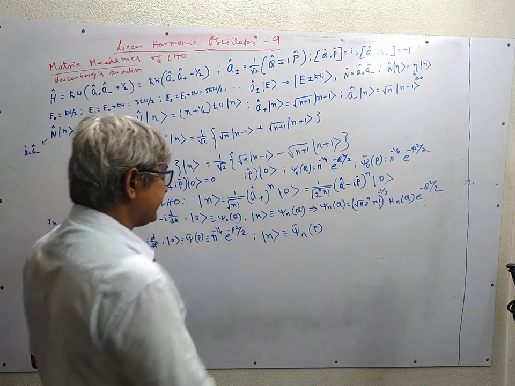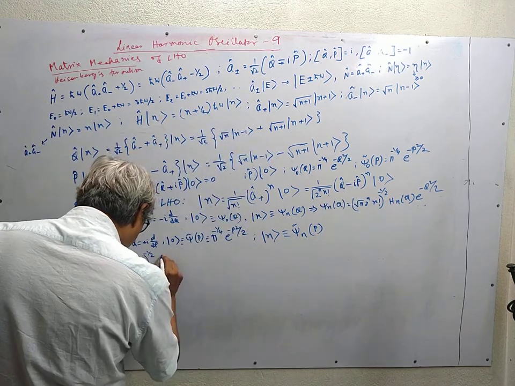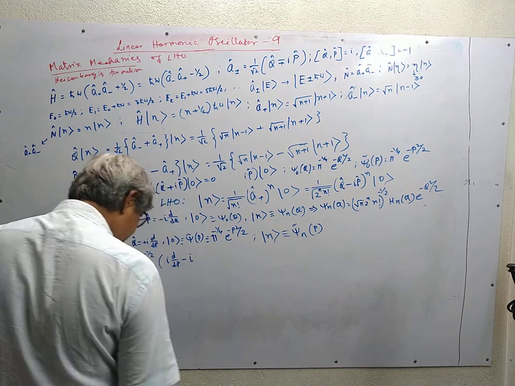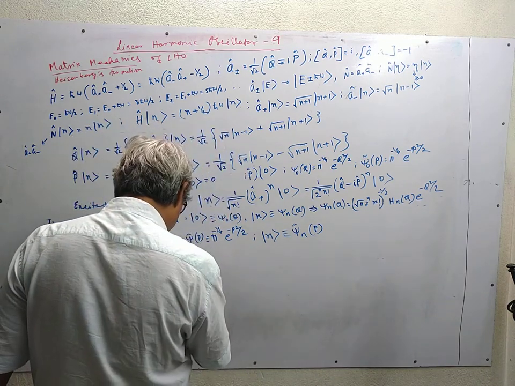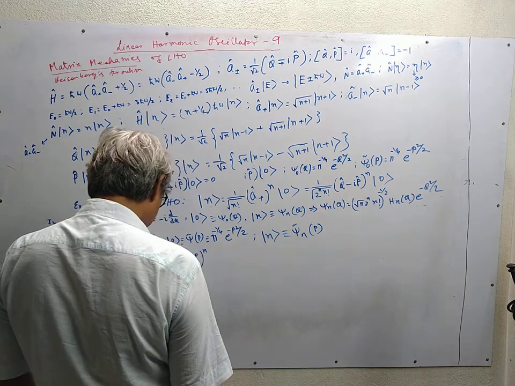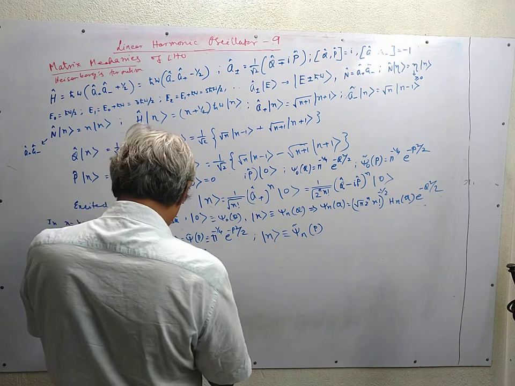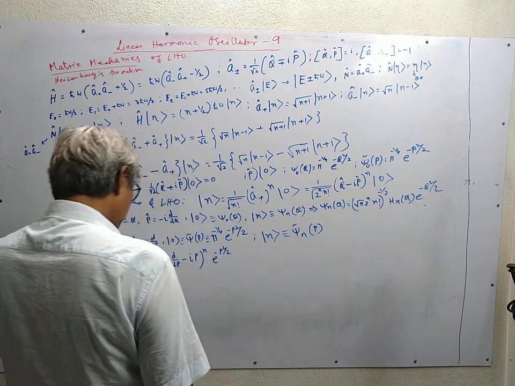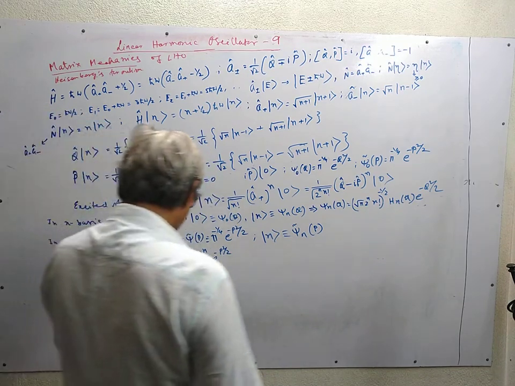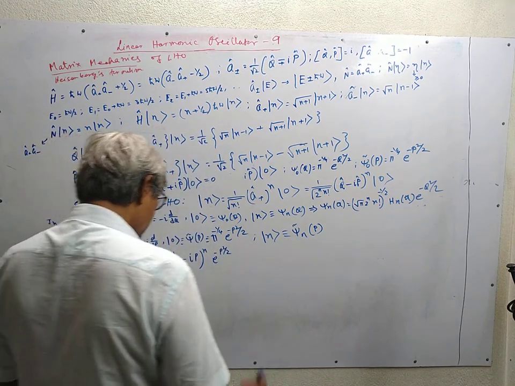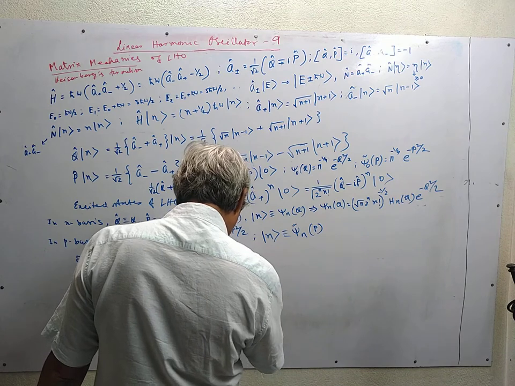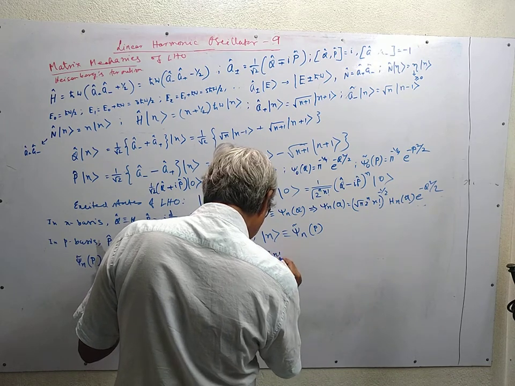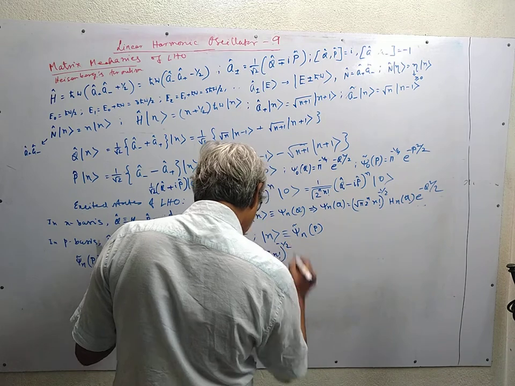Then the operator, this is i d/dp minus ip, and minus i to the power n, this is the constant term.